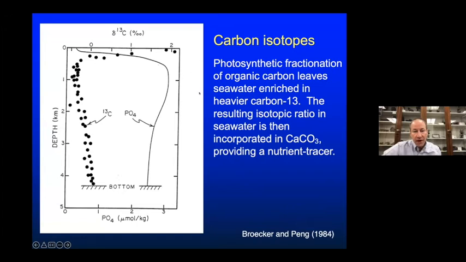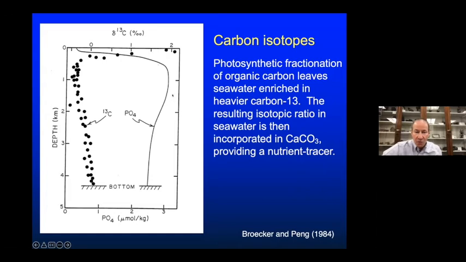Here's an example of how carbon isotopic separation or fractionation plays out in the ocean. If you look at the solid curve here, that is a vertical section through the ocean of the amount of phosphate. That's a crucial limiting ingredient or nutrient for life.